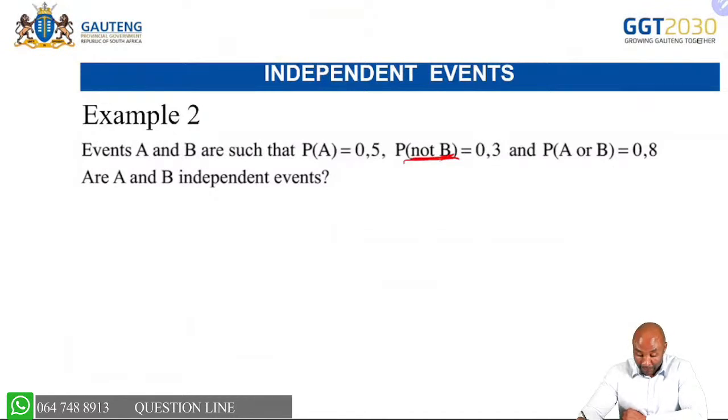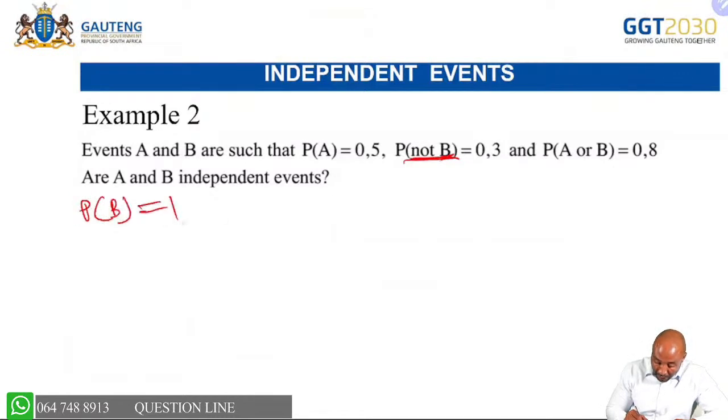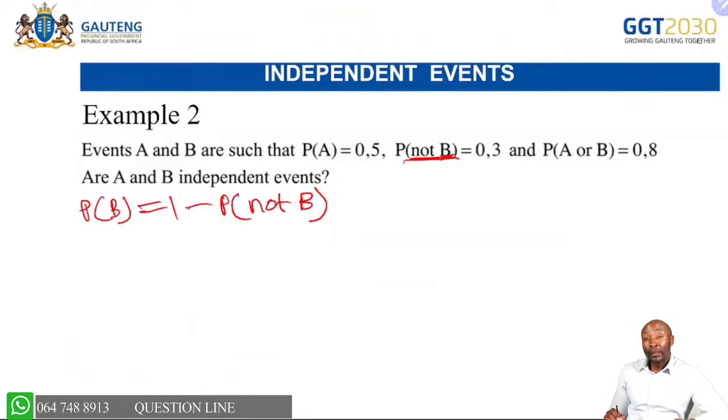So we have to determine whether they are independent or not, and we must use our calculations to do that. Our approach, we need to find the probability of B, which is given by 1 minus the probability of not B. So using our complementary events, this will give us 1 minus 0.3, and this will give us our answer as 0.7.